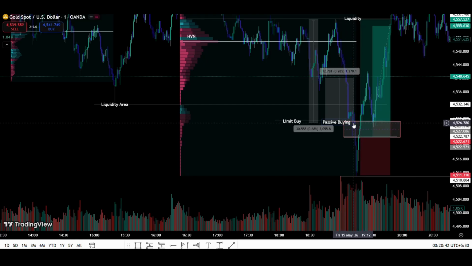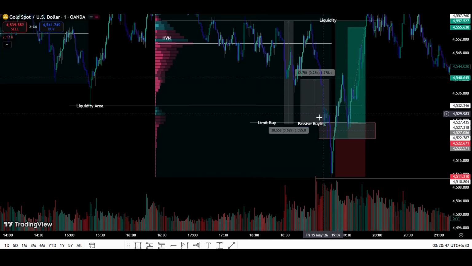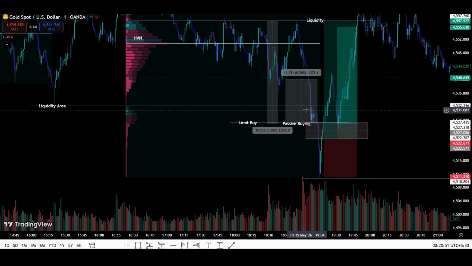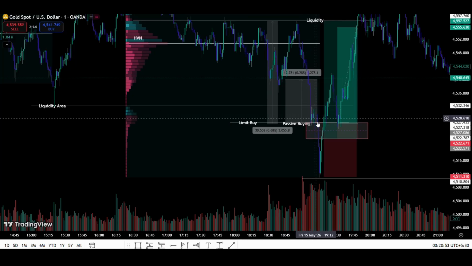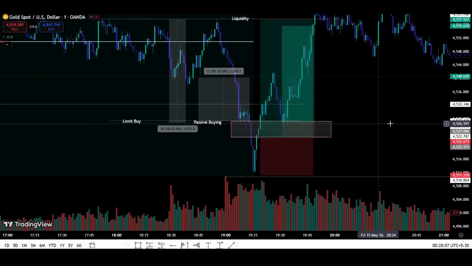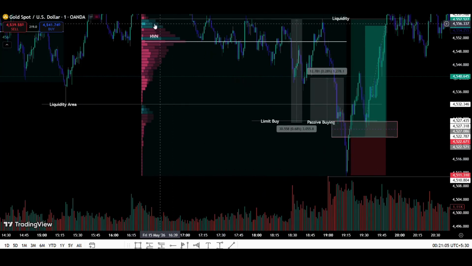This created a little buying activity which stopped the fall of the market at this area, and still it fell further down, sharply up to this area, and this is the high volume node.